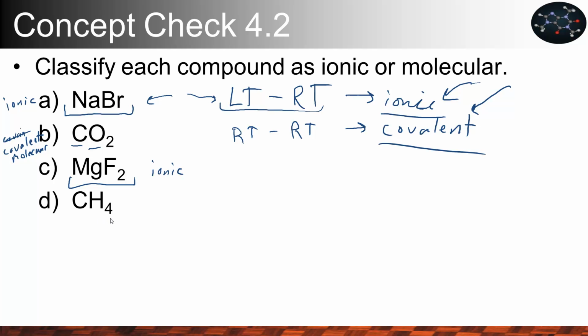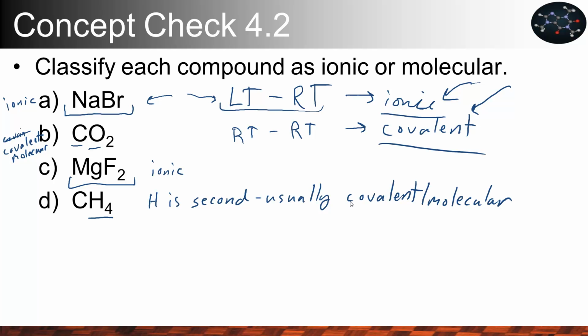CH4. Now this gets a little dicey. If the hydrogen is listed second in the molecule, usually that means it's going to be covalent. Hydrogen can actually share electrons and make a covalent bond, which would be a molecular substance.